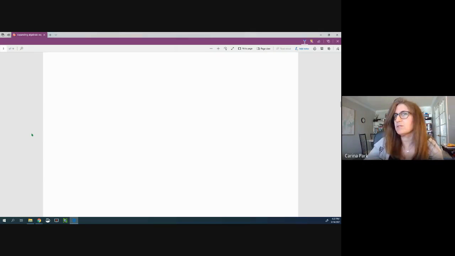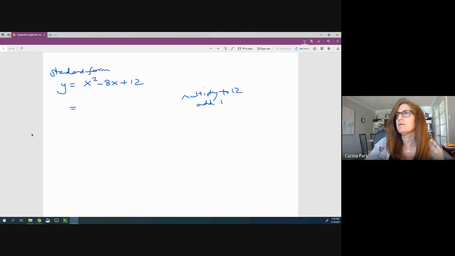So we're going to start with x squared minus 8x plus 12, and this is in standard form. And then we're going to convert to factored form. So we need two numbers that multiply to 12 and add to negative 8. Okay, so find two numbers.